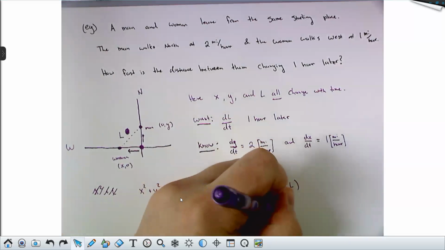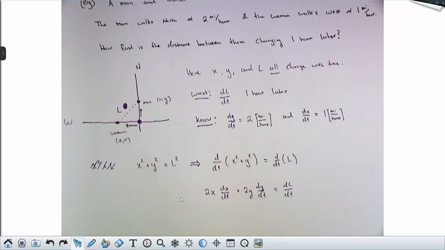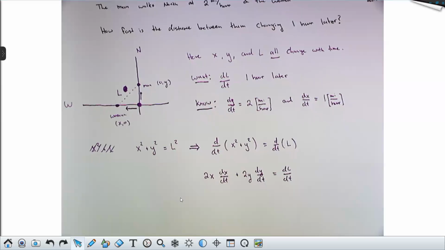And the right-hand side is dL/dt. So the right-hand side is the thing I want, but I don't know everything on the left-hand side.